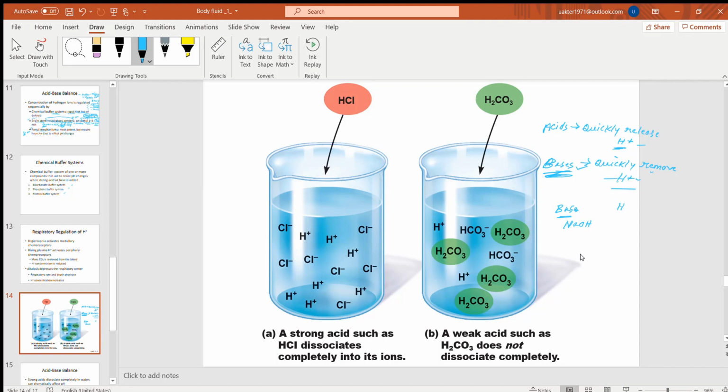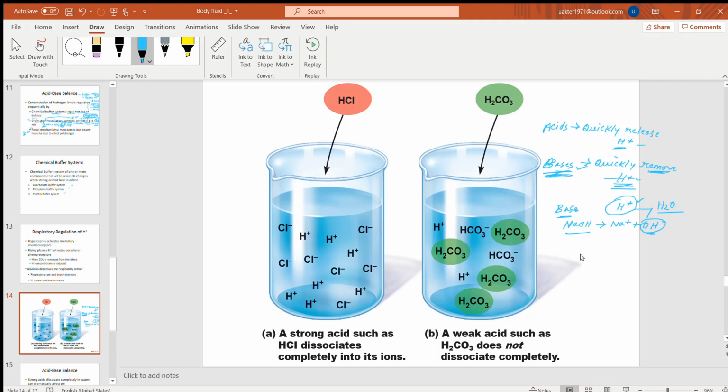This base will quickly split into sodium plus OH and release OH, and this OH then will bind with this free hydrogen to produce water, which is neutral, right? So no more free hydrogen is there. So bases quickly remove hydrogen ion by producing what? By producing OH, okay, hydroxide. And acids quickly release hydrogen.